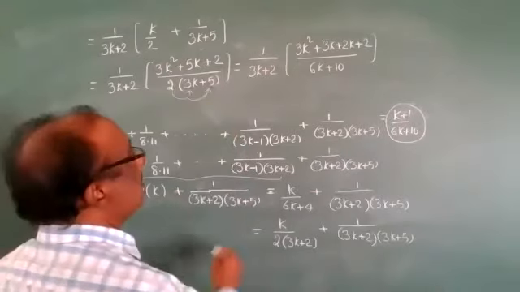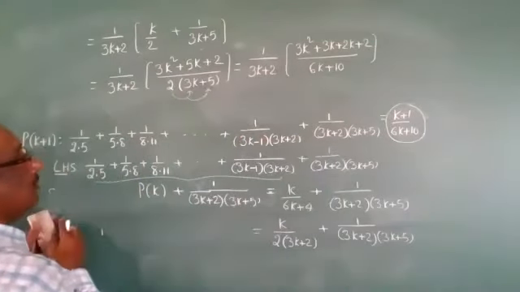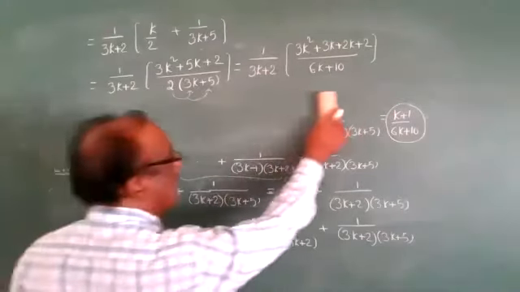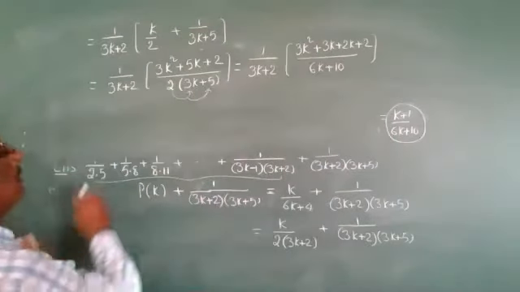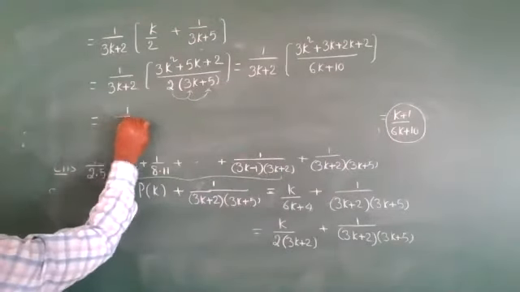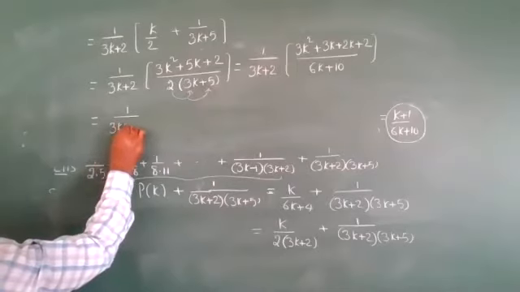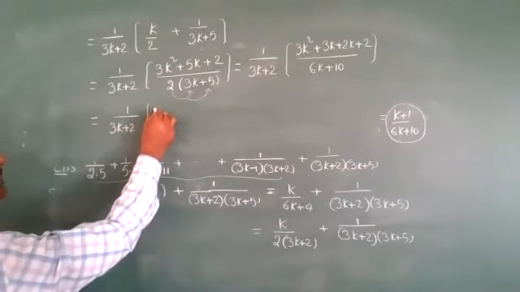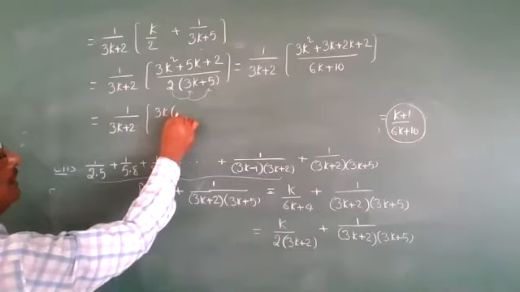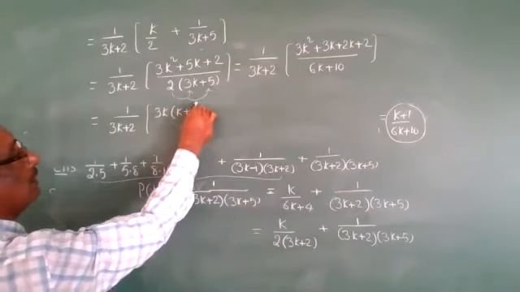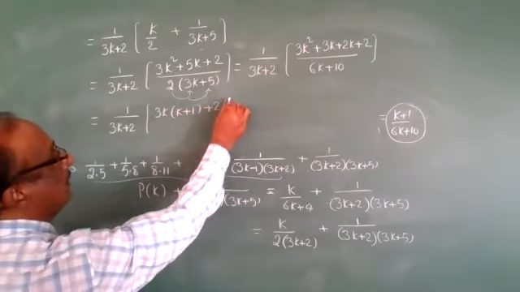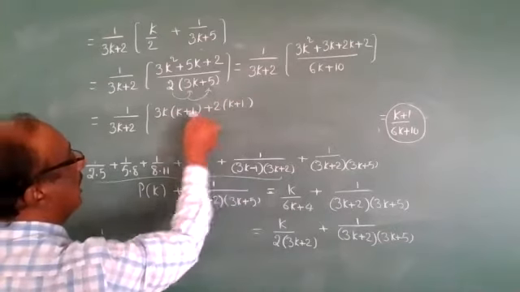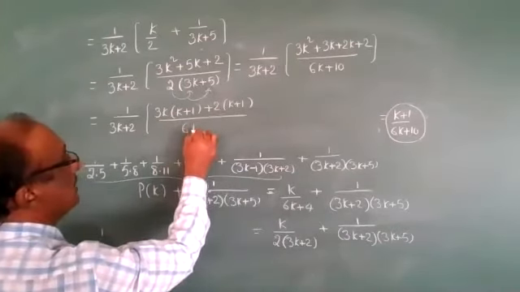Right, write down the factors. Everyone write down the factors. We get the same right hand side answer, you can observe. So 1 by (3k plus 2), factors write down: 3k is common, (k plus 1); 2 is common, (k plus 1), upon 6k plus 10.